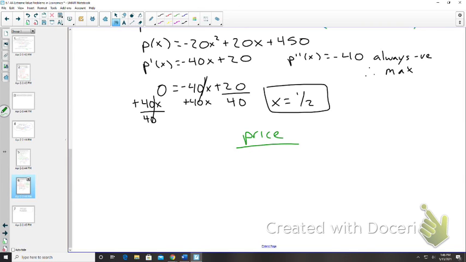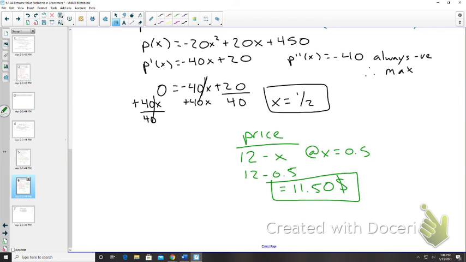So price was 12 minus x. At x equals 0.5, 12 minus 0.5 equals 11.50. Okay, so the bears should be priced at $11.50 to maximize the profits here.